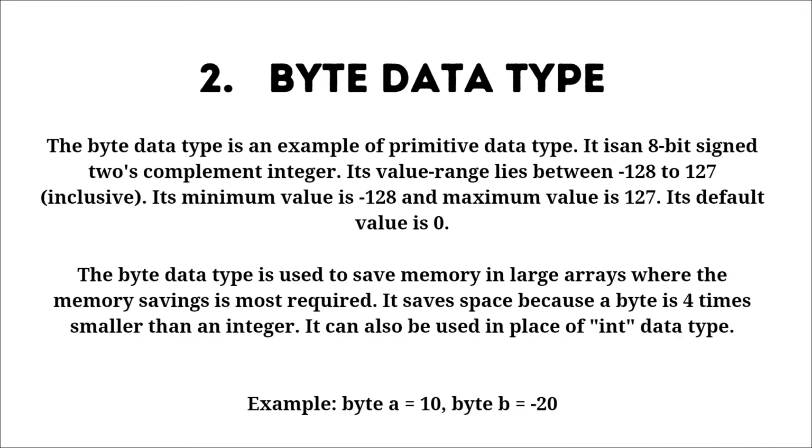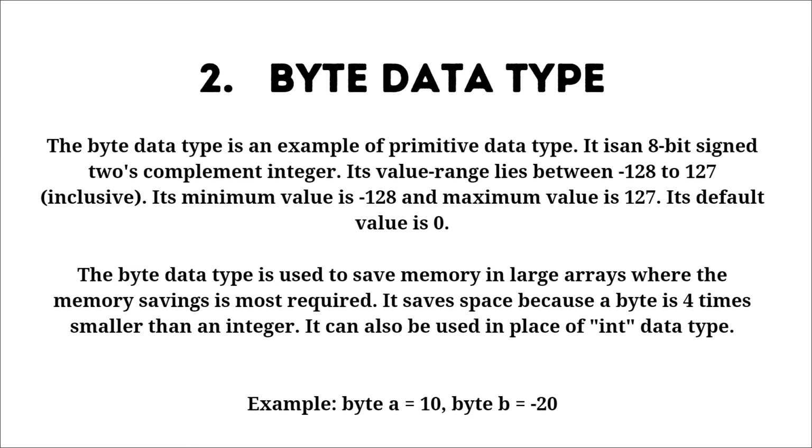After that, we will go for the next, which is the byte data type. The byte data type is a primitive data type, an 8-bit two's complement integer. Its value range lies between -128 and 127.